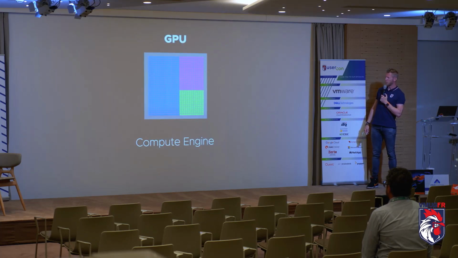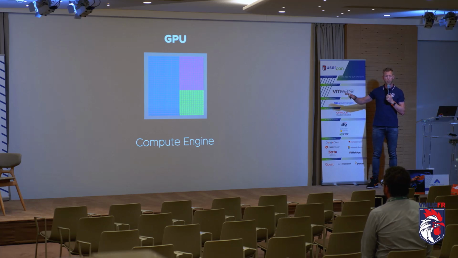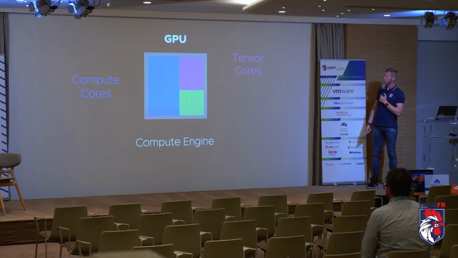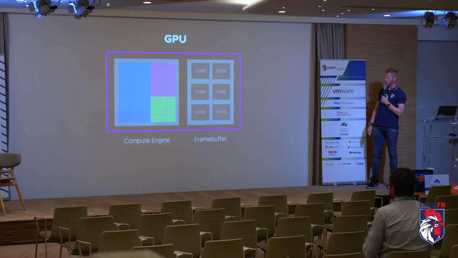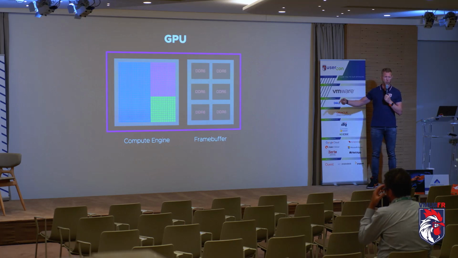Nowadays, a GPU has different types of cores, and we call this a compute engine. So it has compute cores, it has tensor cores for specific deep learning related workloads, and it has ray tracing cores. I'll show those ray tracing cores in one of the demos later. Next to the compute engine, it also has memory. We call that frame buffer.